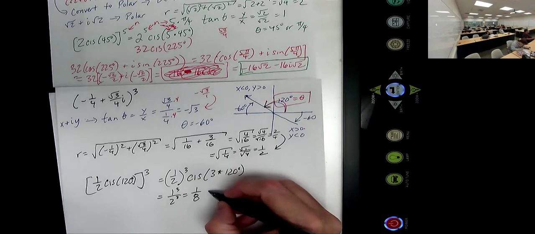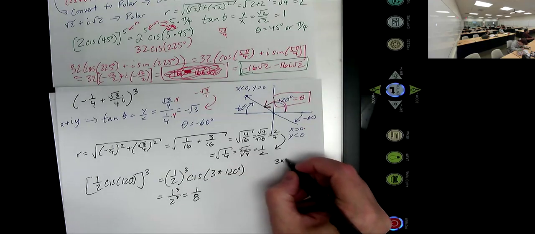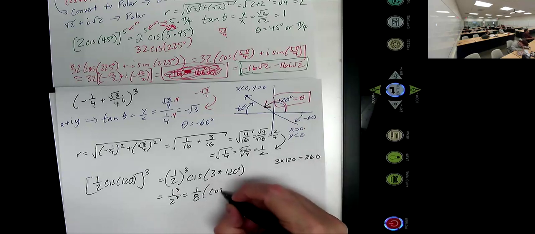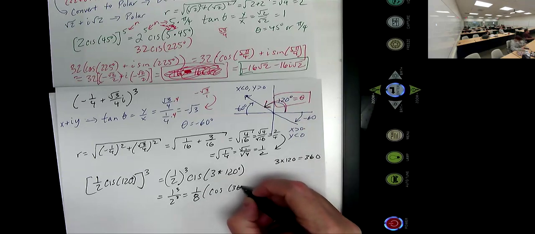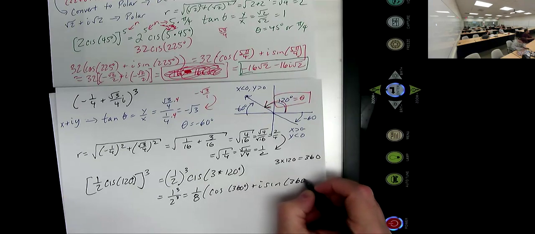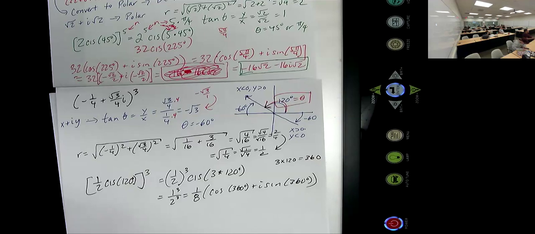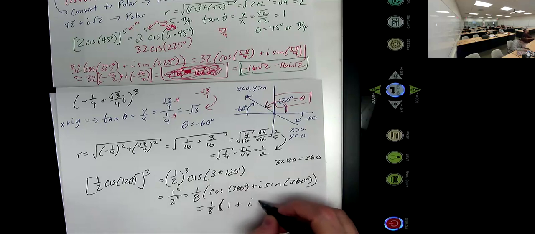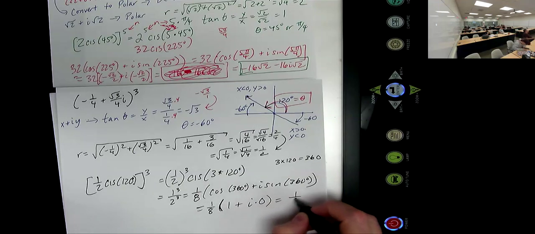This is gonna be cosine, what's 3 times 120? 360. So we've got cosine of 360 plus i sine of 360. And that's 1/8 times 1 plus i times 0, just 1/8.